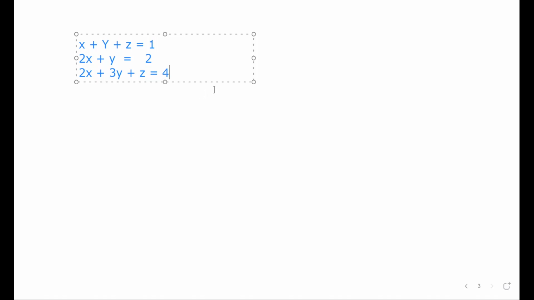Okay, now look at here. This is the given equation, and you are asked to find x, y, z.